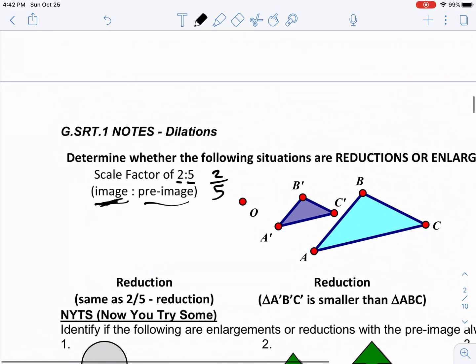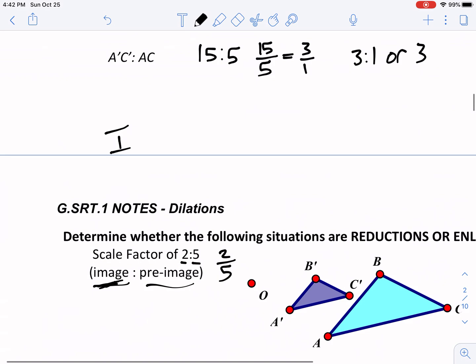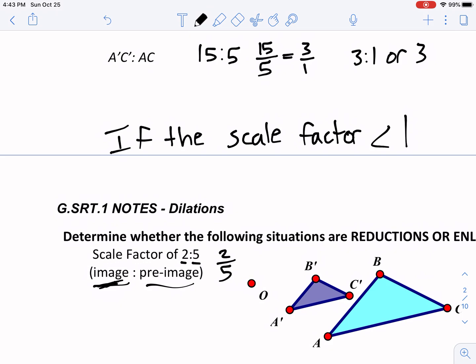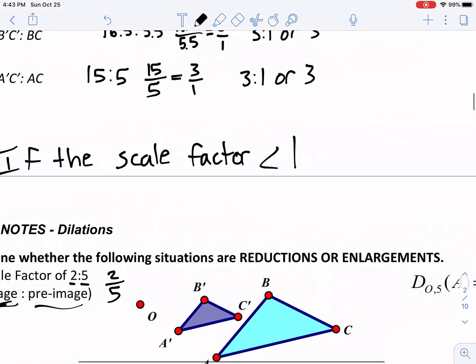If my scale factor is less than 1, in other words, we're talking about a fraction, then we're going to have a reduction.